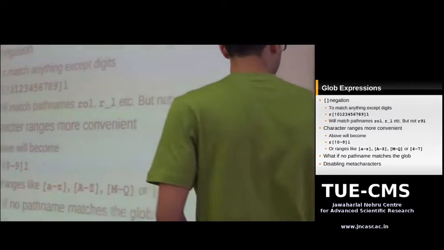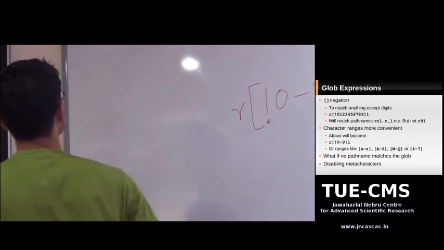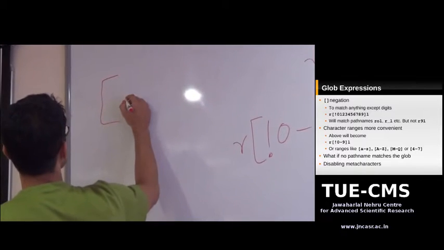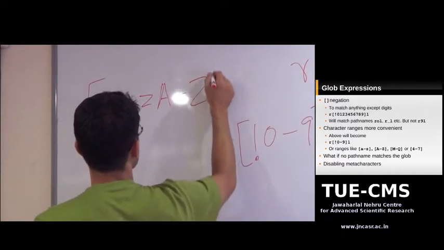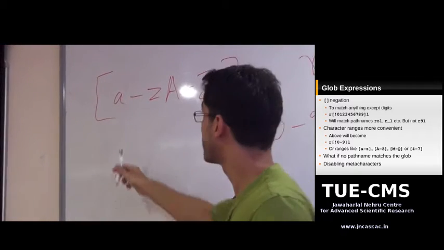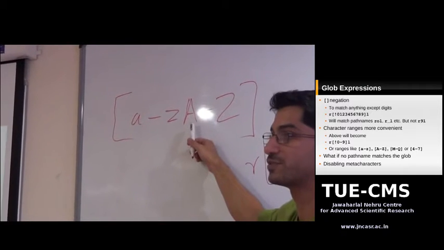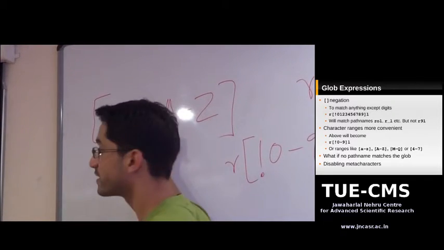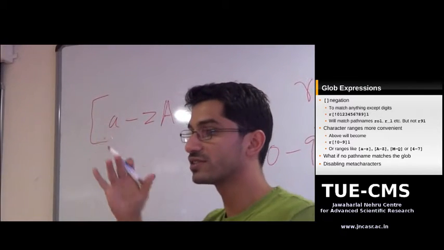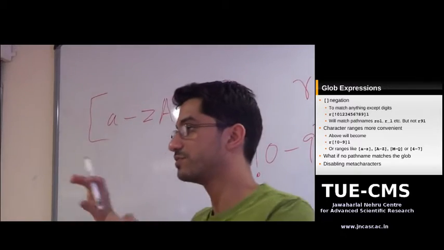Now suppose you wanted lowercase and uppercase alphabets, you would use something like this. So this expands to all the lowercase alphabets up to z and all the uppercase alphabets up to Z. You can put the starting and ending as anything as long as it's contiguous. So you can't put Z and then A. It should be contiguous.